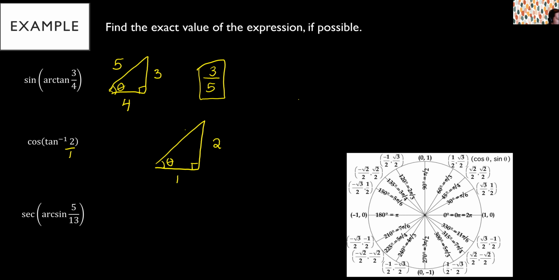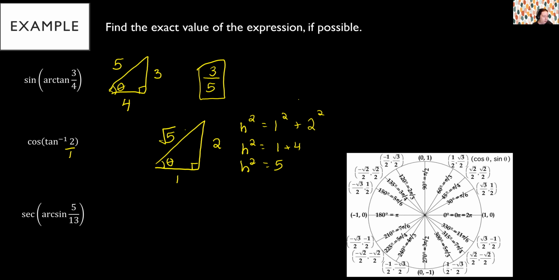We use the Pythagorean theorem. I'm going to use h for hypotenuse. It's going to be 1 squared plus 2 squared. So it's 1 plus 4, which is 5. So our hypotenuse, let's carry down these h squares, is the square root of 5. So I'm going to label that on my triangle.